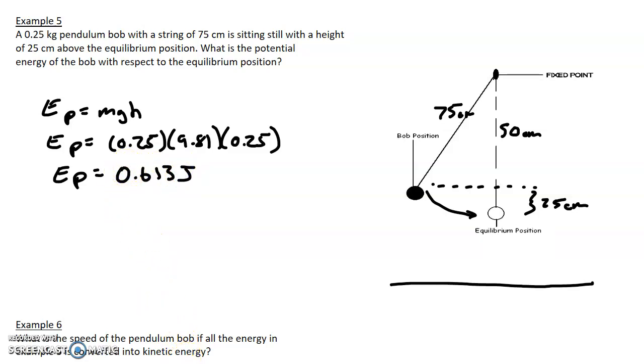Now example number 6 says, well, what if that's all converted, it uses a mechanical pathway to now be stored as motion here at the bottom. And so really this is similar to number 4, where we're going to just take 1/2 mv squared, or 2E over m all square rooted is equal to v.